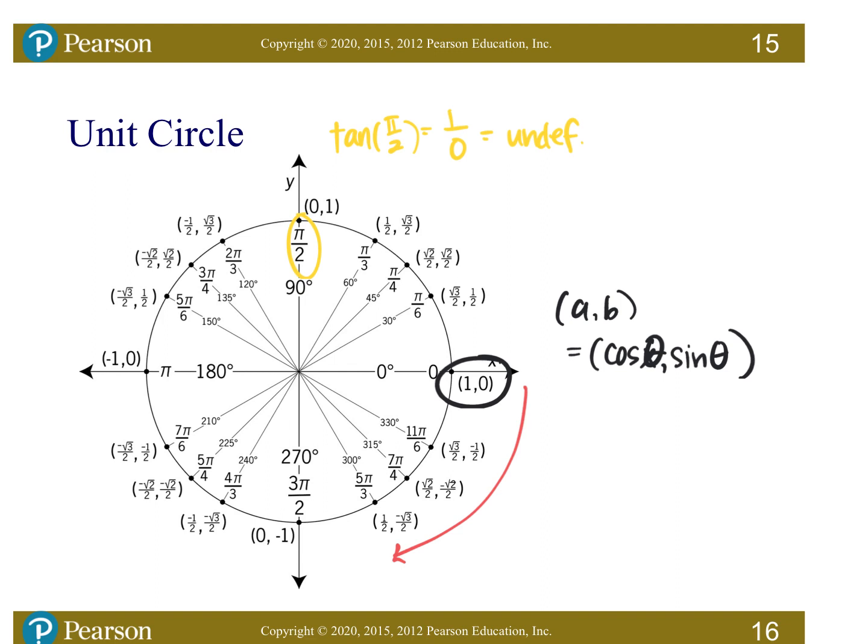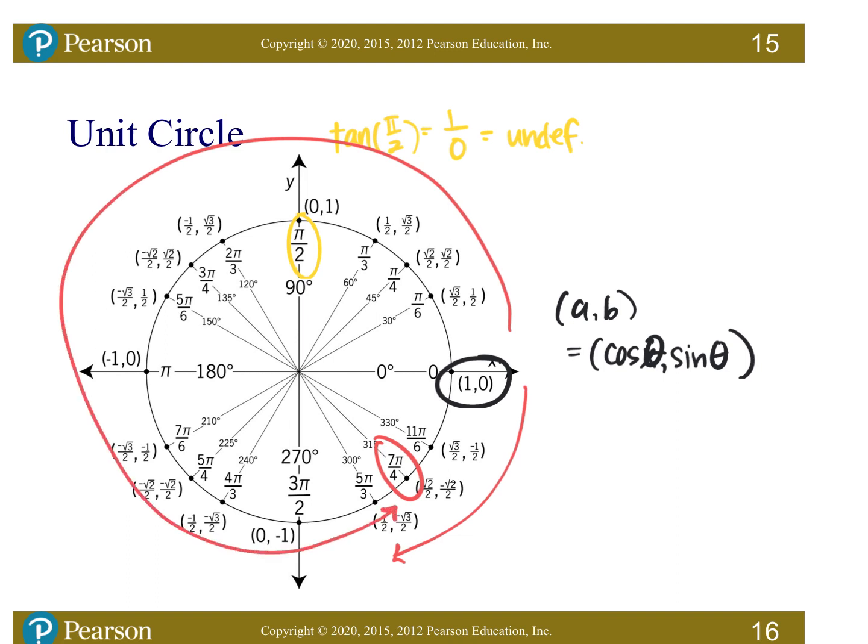Okay, Luke. Negative pi over 4. Sure. So if I say 7 pi fourths, then I'm assuming you went around this way to get there. If I say negative pi fourths, then I'm implying that you're going that way to meet up at the same position.